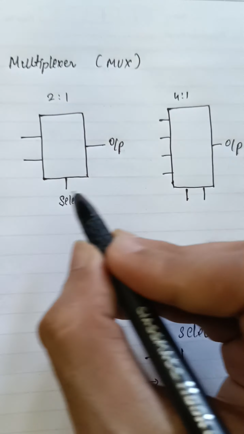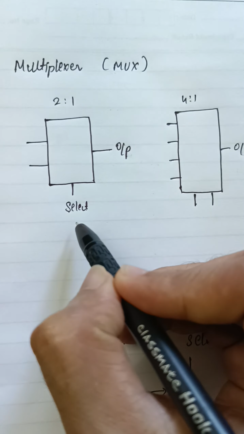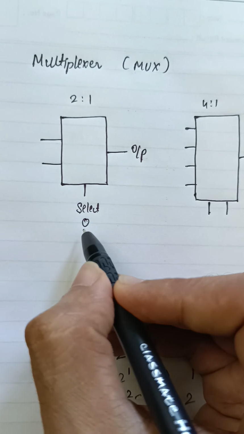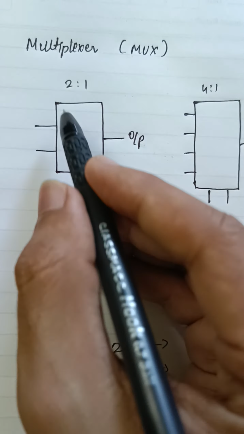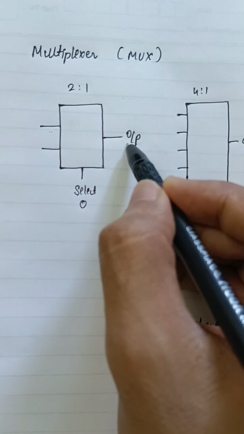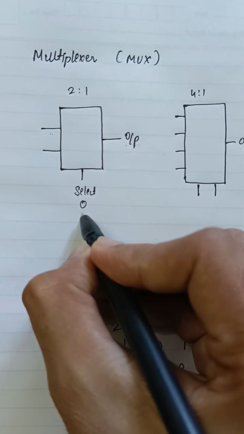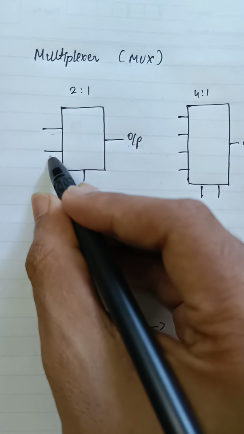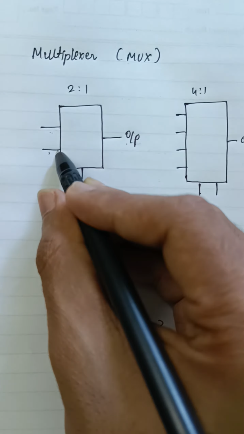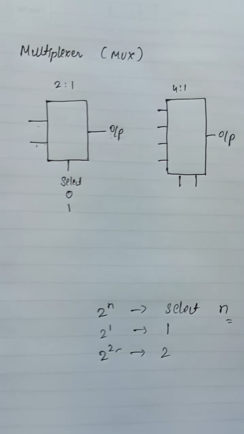If the select is 0, then it takes this input, and this input is directly given as the output. If the select is 1, then it takes this input and gives it to the output.